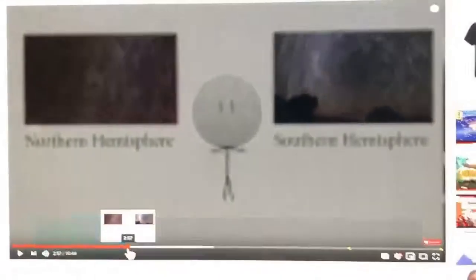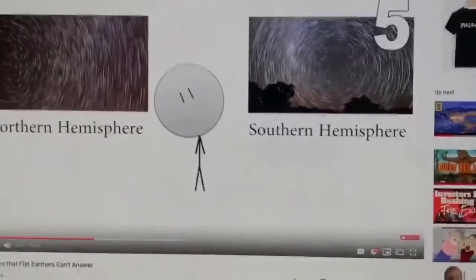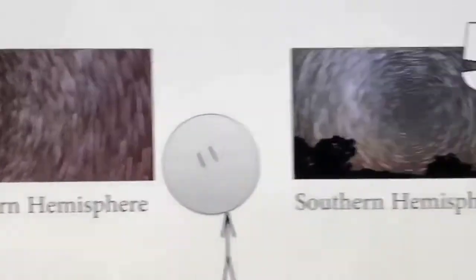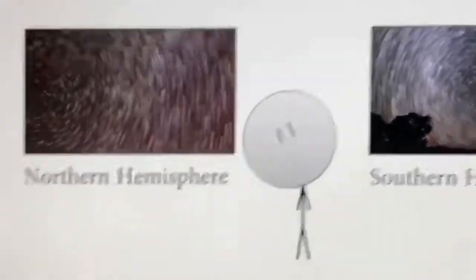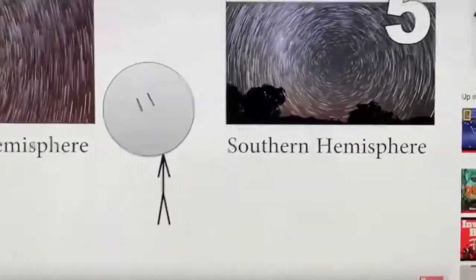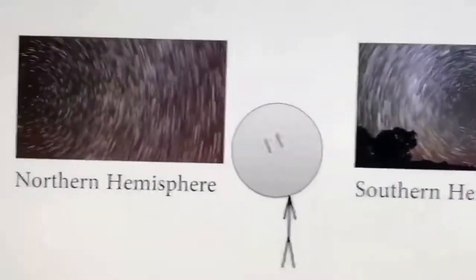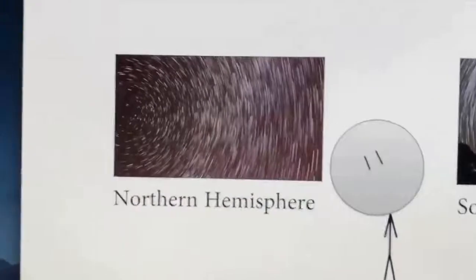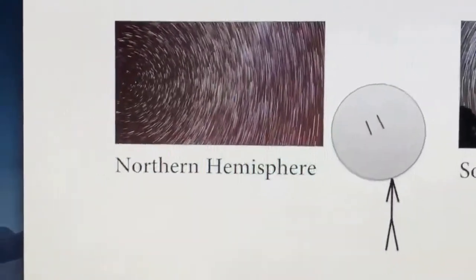Okay, that's my favorite. The guy ended his question saying that these star trails that go in opposite directions at the North and South Pole match exactly what we would observe on a rotating sphere. The problem is, the Earth isn't just spinning. The Earth doesn't just spin 1,050 miles per hour.